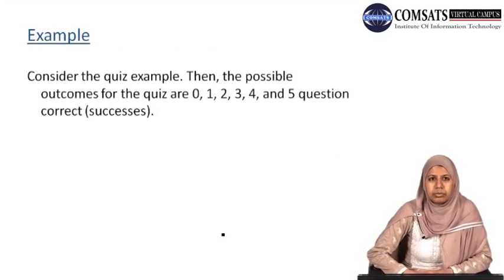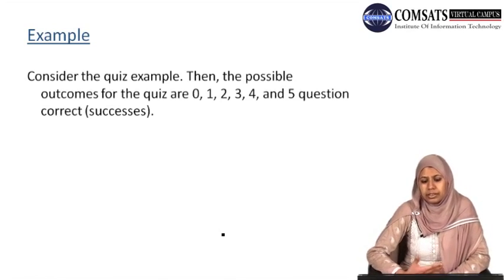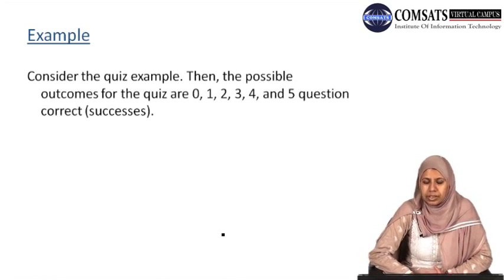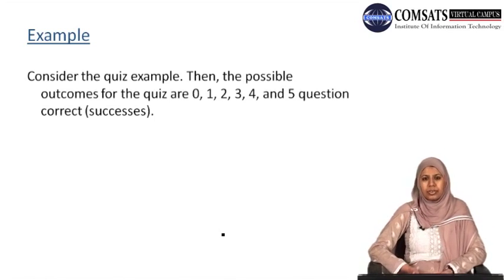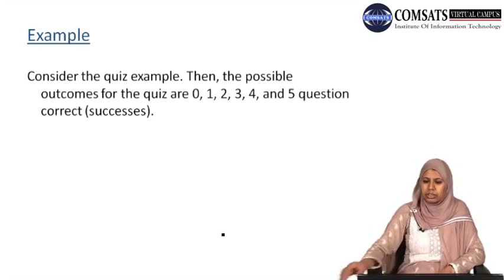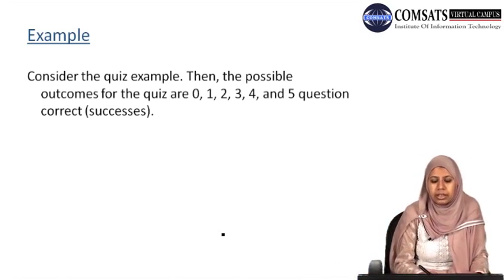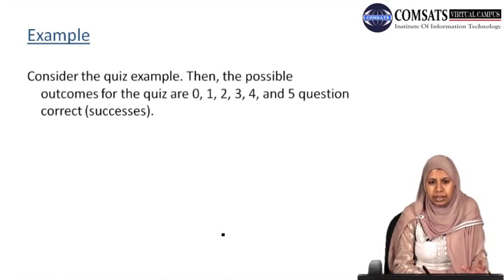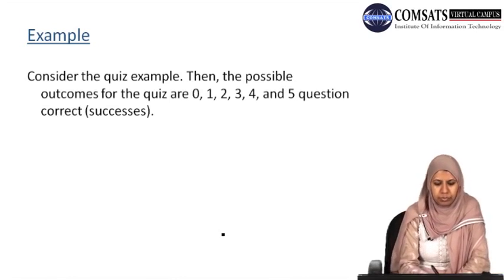So the possible outcomes for the quiz are 0, 1, 2, 3, 4 and 5. That is either no question is answered correctly, only one question is answered correctly, 2 questions, 3, 4 and 5, that is all the questions are answered correctly. And our random variable is the number of questions answered correctly, provided we have 5 total questions.